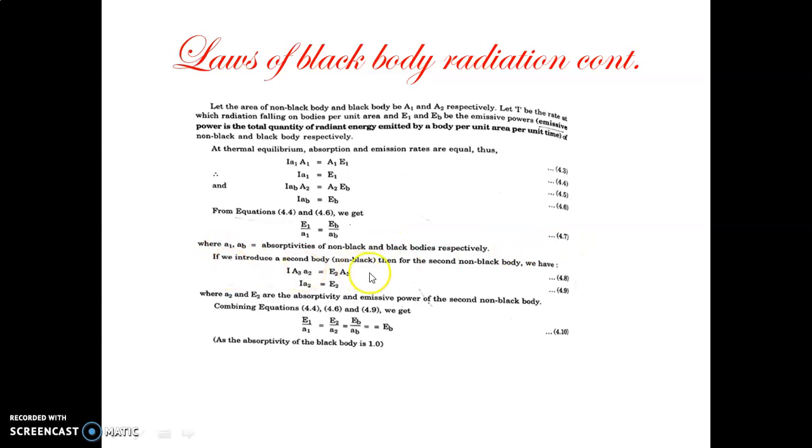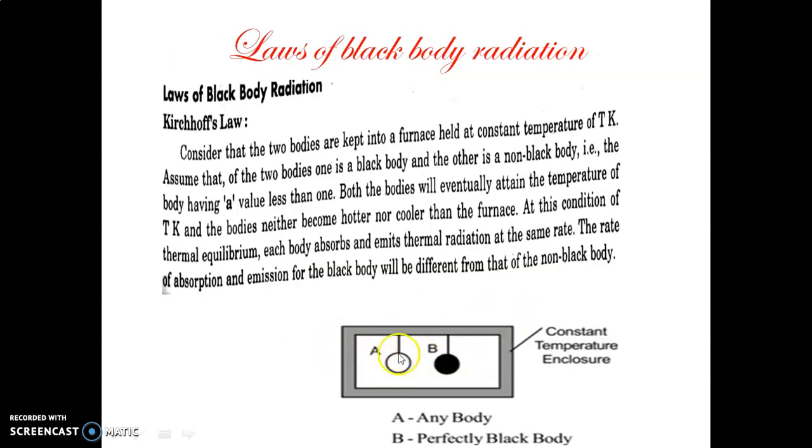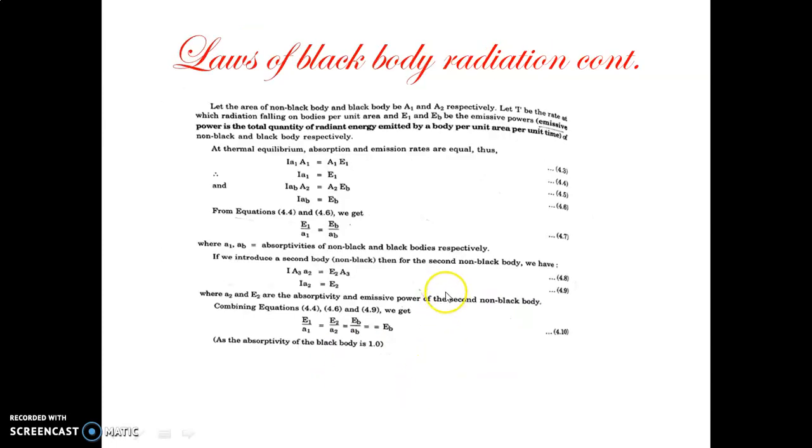Then if we introduce a second non-black body, another body which is also called a non-black body, we can write the same equations, where A3 means the area of that non-black body and A2 means the absorptivity of that third body. Here also the absorption rate and emission rate are equal.